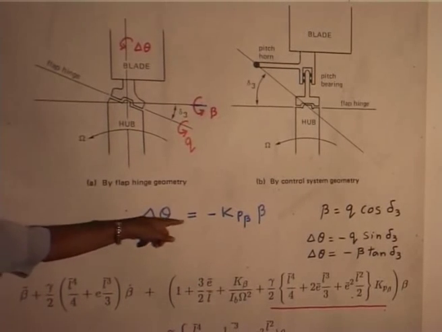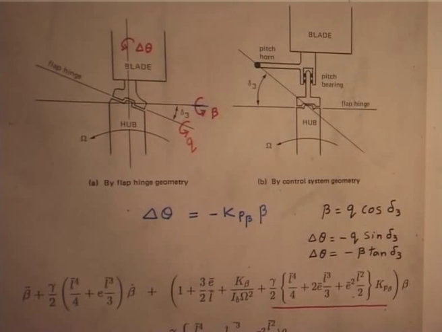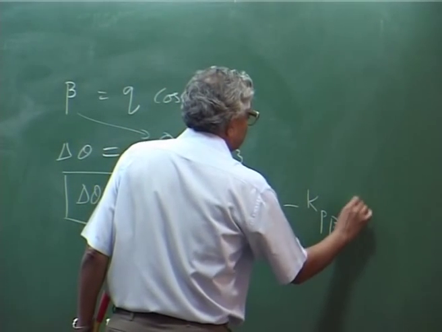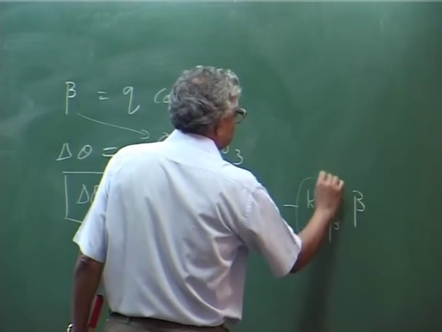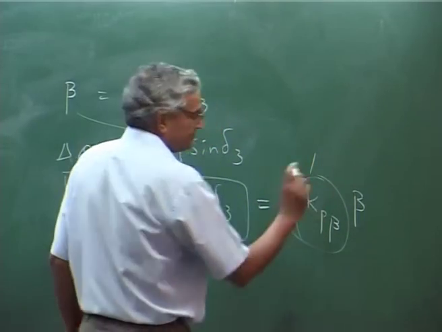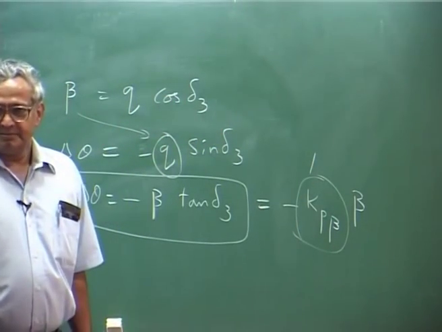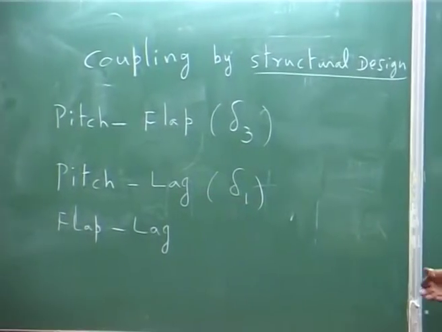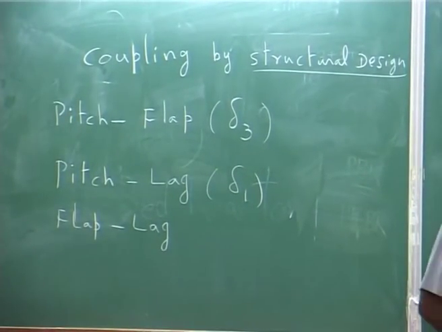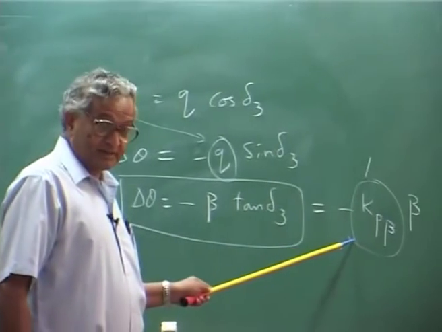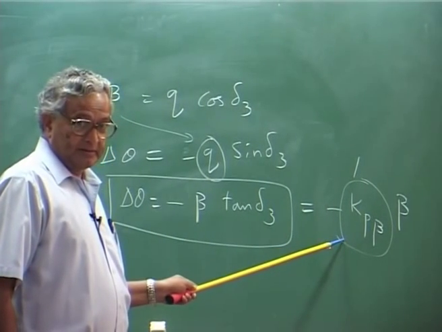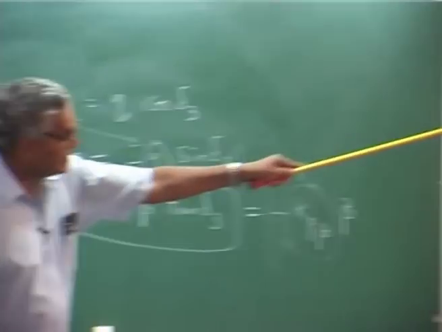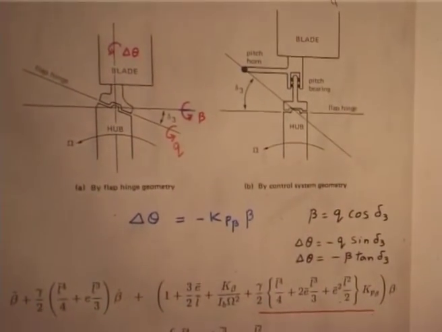So, that is why this is written as minus k p beta beta. This quantity is your pitch flap coupling. This quantity is coupling, but that minus sign is there. That is how you have arranged your hinge.